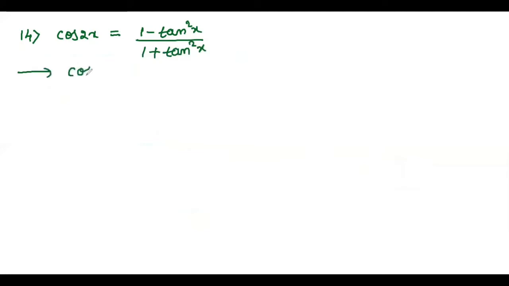That is cos 2x equals 1 minus tan square x by 1 plus tan square x. I'm going to derive it. So cos 2x, we know, is cos square x minus sin square x. And nothing is there in the denominator, so we can apply 1. So I can use in place of 1, cos square x plus sin square x.